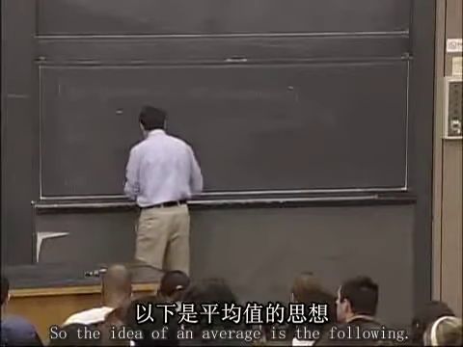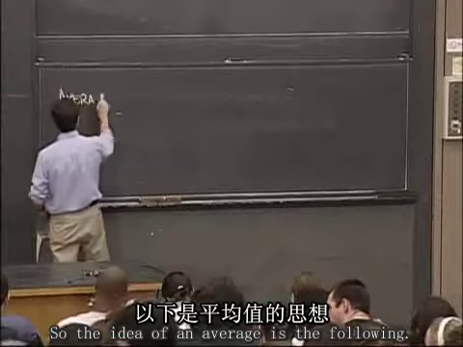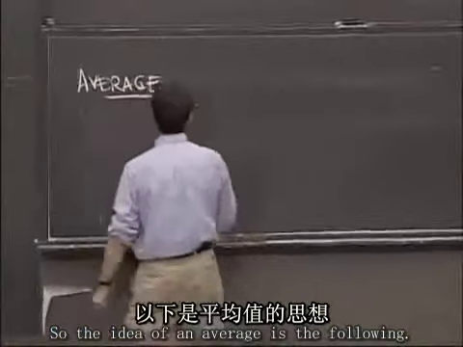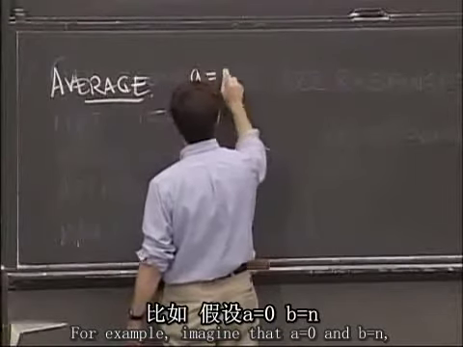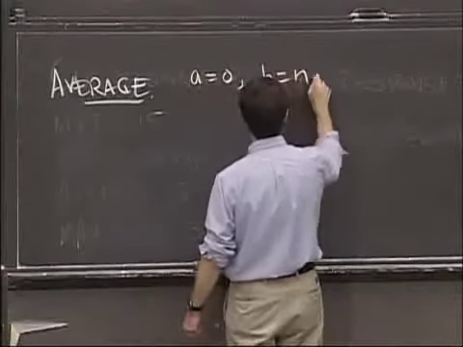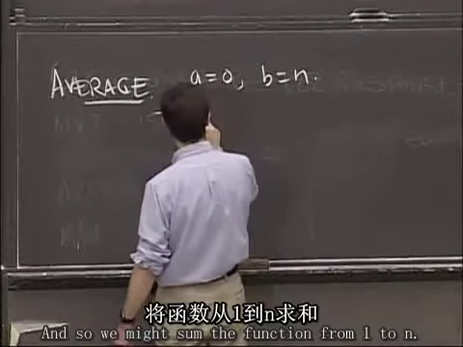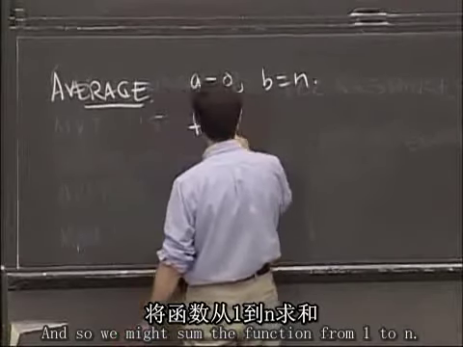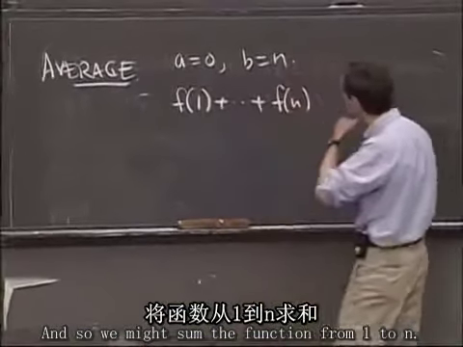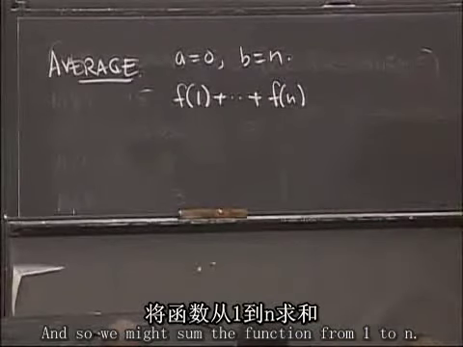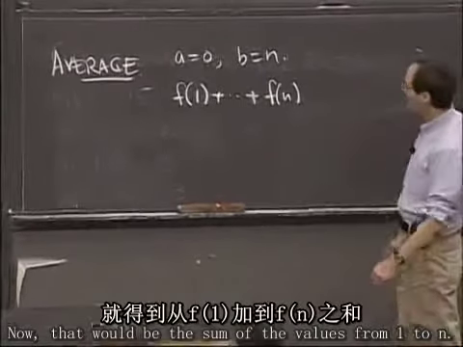So the idea of an average is the following. For example, imagine that a is equal to 0 and b is equal to n, let's say. And so we might average, sum the function from 1 to n, all right? Now, that would be the sum of the values from 1 to n.